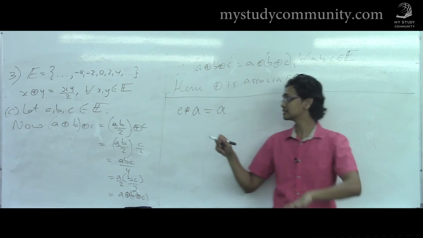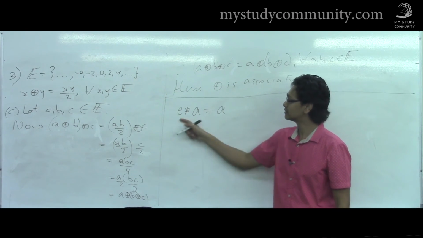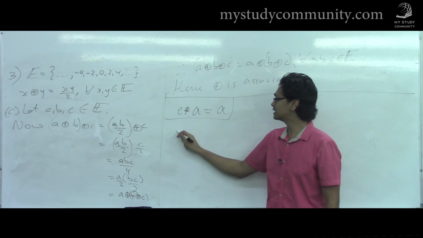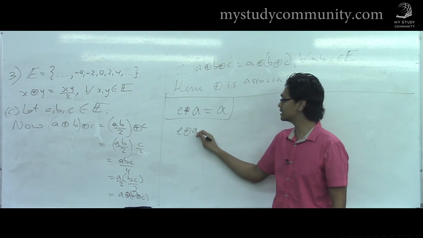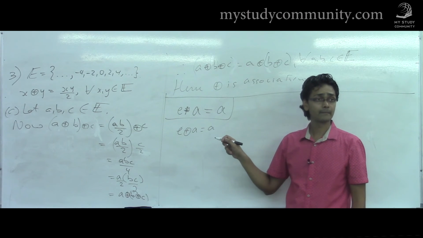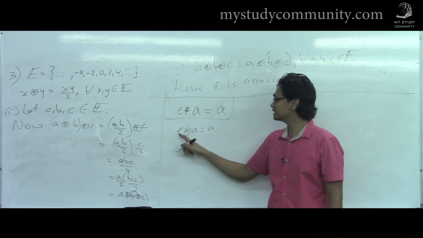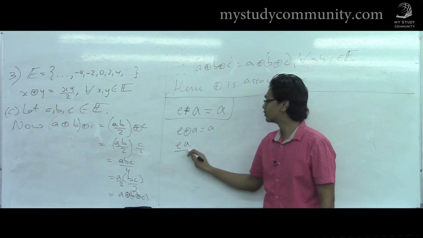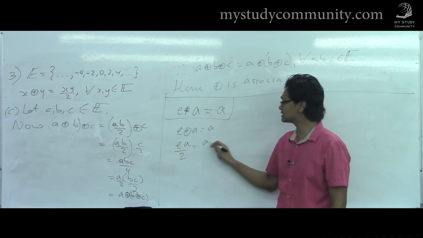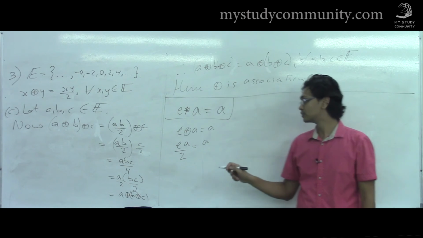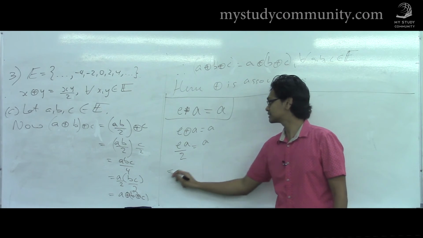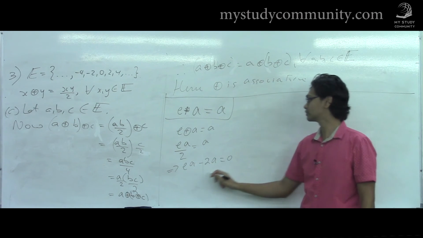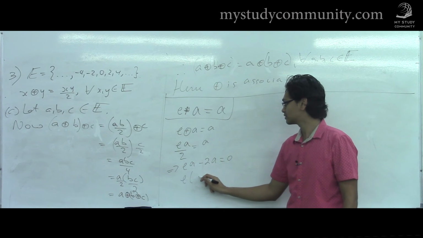In this case, what does this mean? Sorry, so in our question, it's really E circle plus A should be equal to A. But E circle plus A is EA over 2 equals A, which solves to get EA minus 2A equals 0.